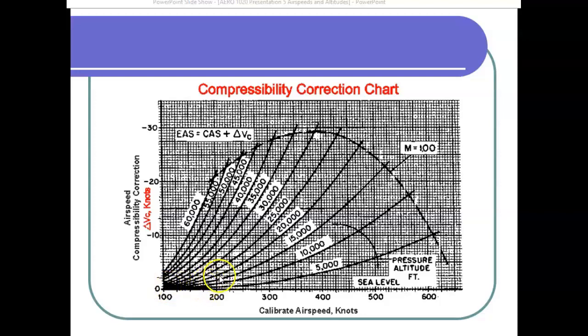But as you get above 200 knots at the higher altitudes, for example, let's look at 30,000 feet at, let's say, 350 knots, the difference between calibrated airspeed and equivalent airspeed is greater than 20 knots. It looks like about 22 knots. So equivalent airspeed is actually 22 knots greater than calibrated airspeed at that altitude and at that airspeed.